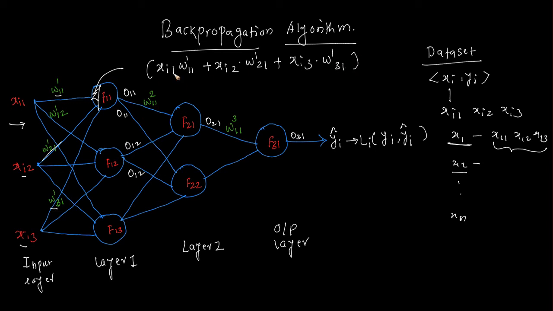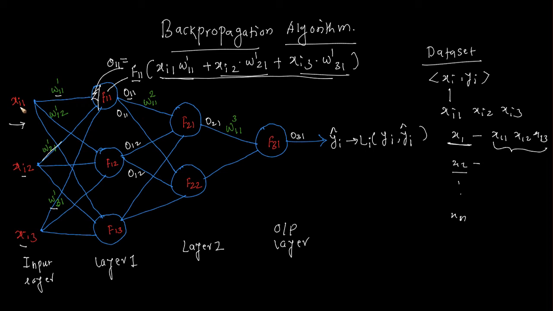These multiplications are summed in this neuron, and on that sum we apply a function called the activation function. The function here is f11. The result of applying this activation function on this sum is the output. So O11 is equal to applying this function on this sum, and that is nothing but the output of this neuron.